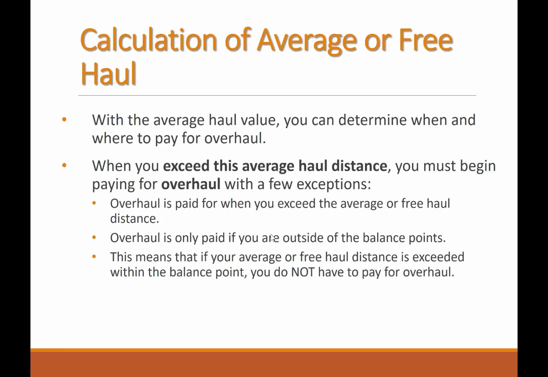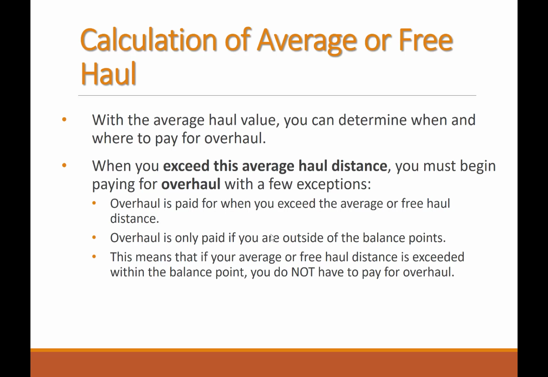With the average free haul, we are going to be determining when and where to pay for the overhaul, because now we know what the average haul value is. When you exceed this value, you might have to begin to pay overhaul. And there are a few exceptions to that. When you are exceeding the average or free haul, overhaul is basically going to be paid. But overhaul is only paid if you're outside of the balance points.